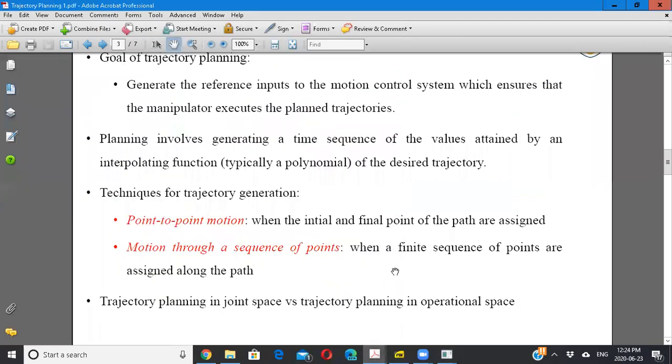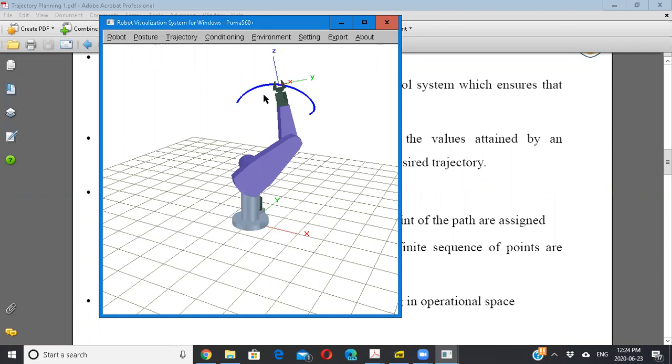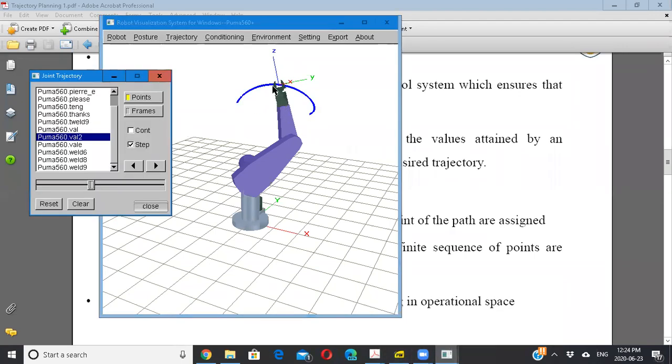Okay, so there are two techniques to generate trajectory. Point-to-point motion, where the initial and final point of the path are assigned, and we don't care what the shape of the path is. All we are interested in is going from this initial position to that, whether we follow a straight line or an arc, it doesn't matter.